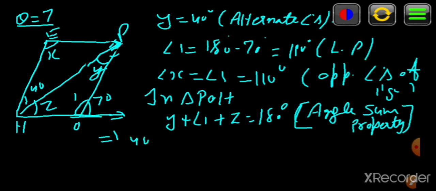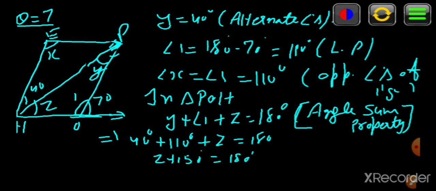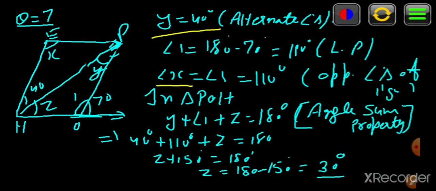Y is 40, angle 1 is 110, value of z we need to find, 180 degree. 40 plus 110, 150, 180 degree. So z comes out to be 180 minus 150, that is equals to 30 degree. So all the angles we have found, y, x and z. Hope this is clear to everyone.